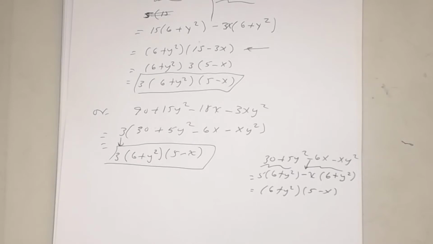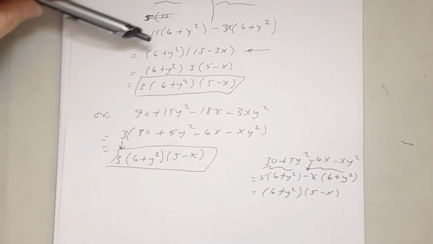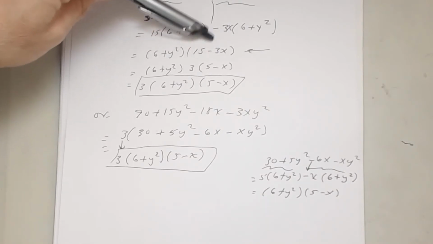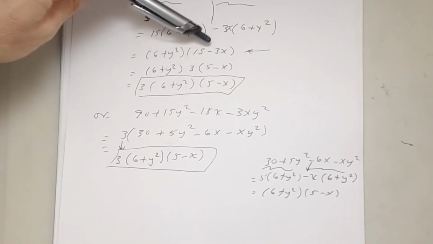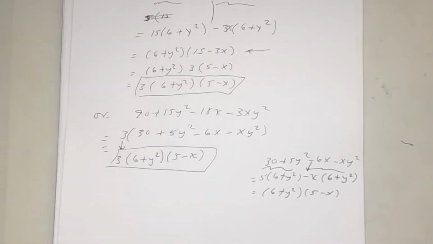Now you don't have to. You can do it like this, but don't forget, you need to take it out if the parentheses have a GCF other than 1. Okay? All right, so that should help you with some aspects of my math lab.